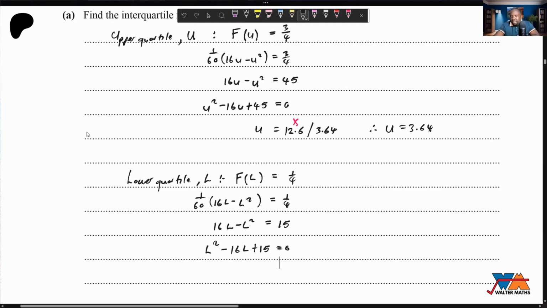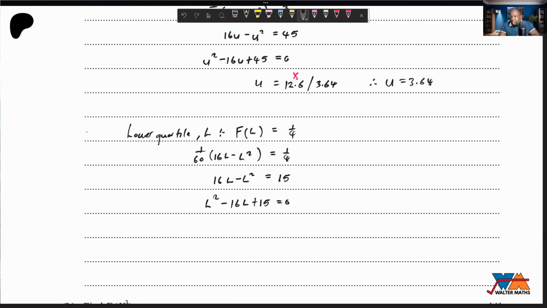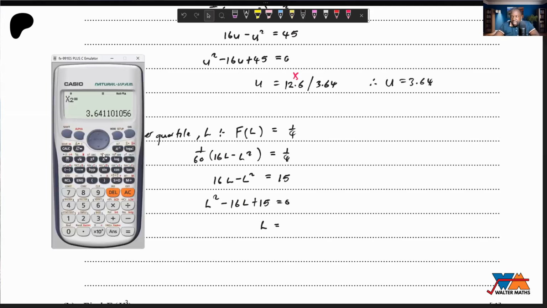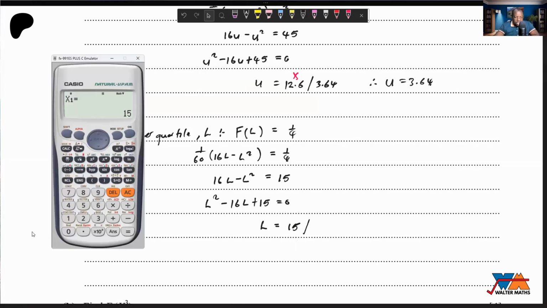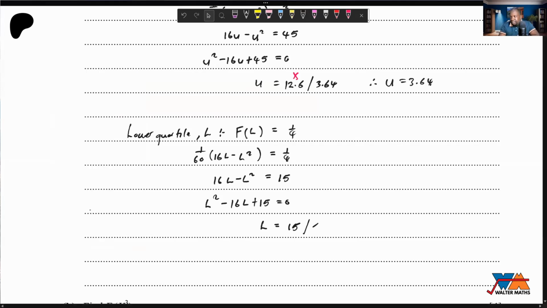Now from here, we are going to solve this. To get L, I'll use my calculator and enter 1, negative 16, and 15, and we get L to be 15 and the other value 1.